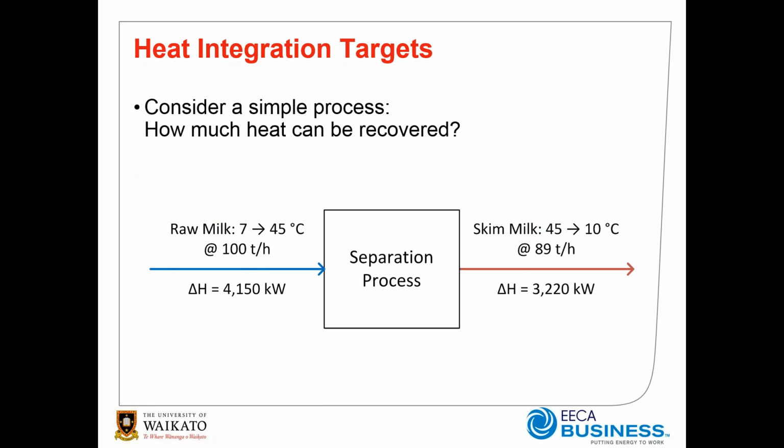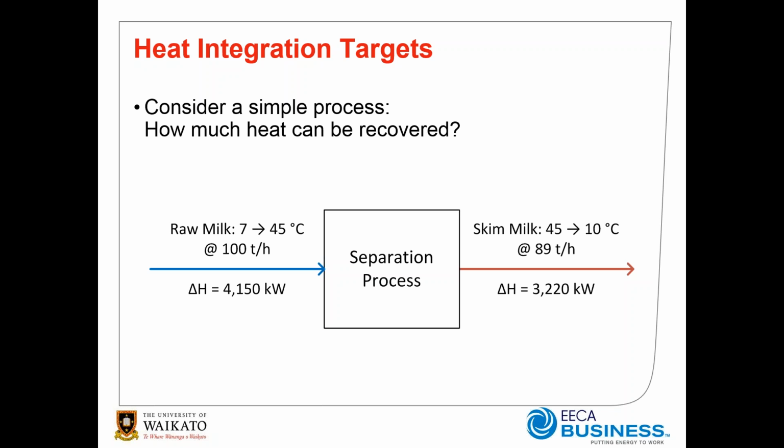So let's consider a very simple process. In this case, we've got a raw milk stream going into a separation process, and we've got skim milk going out the other side. For the purpose of the exercise, we're going to ignore the cream, which goes off and usually is cooled or has something else done to it.